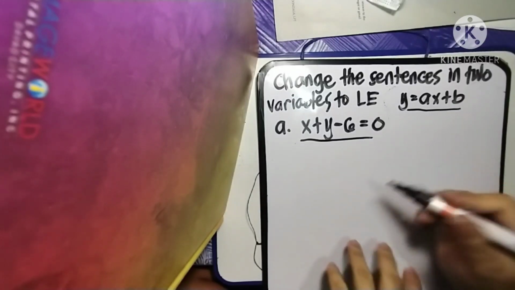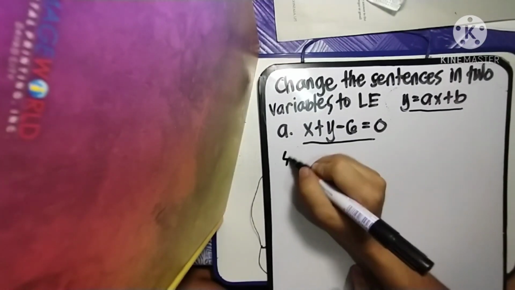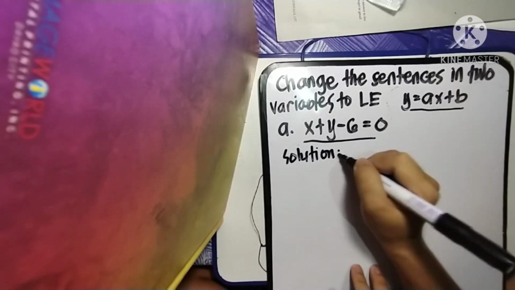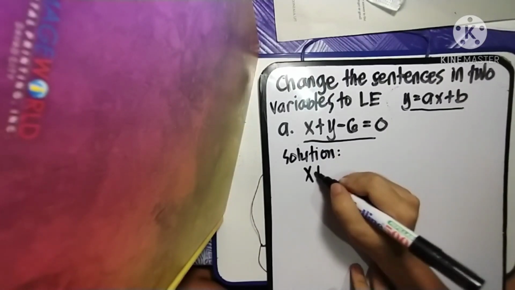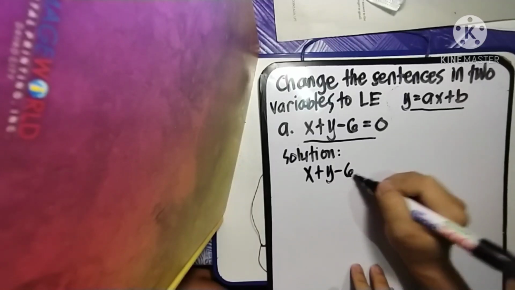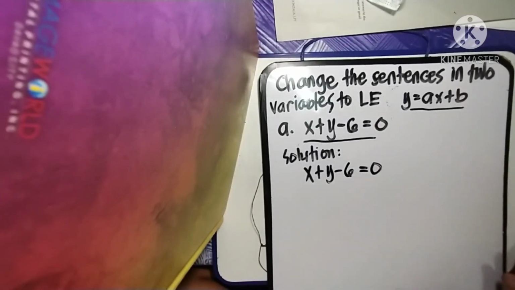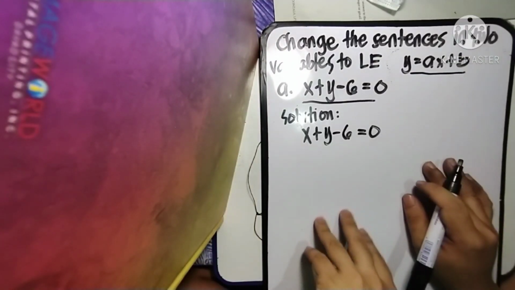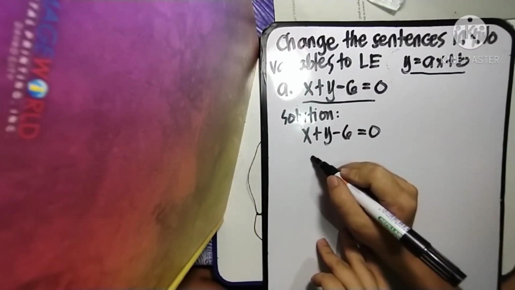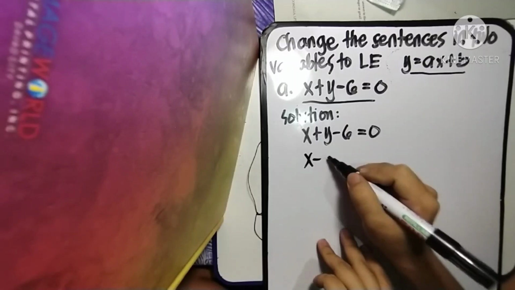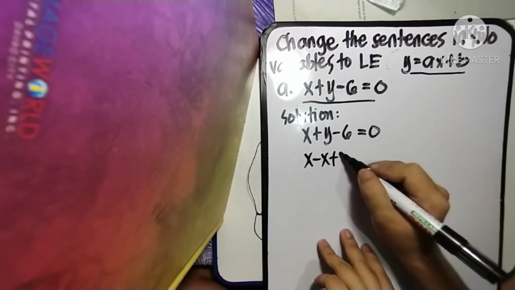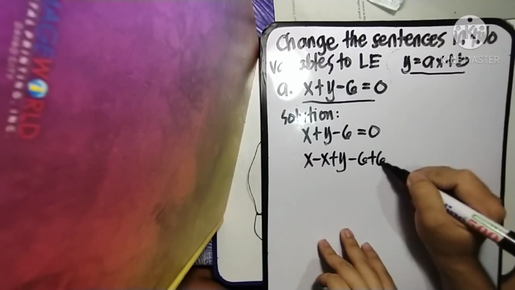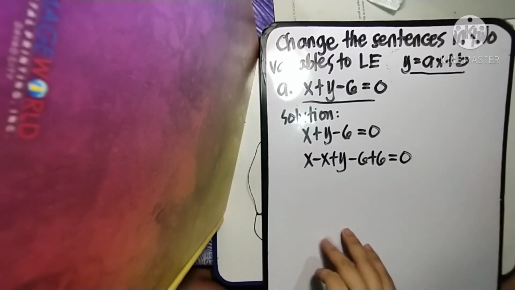Okay, so solution we have x plus y minus 6 is equal to 0. Then apply ka og properties of equality. Okay, so we have negative x plus x plus y minus 6 plus 6 is equal to 0.